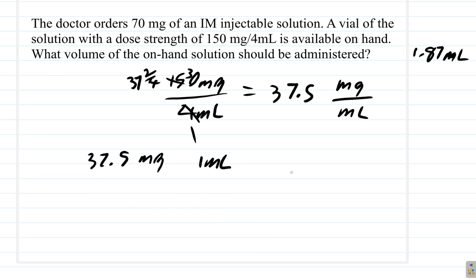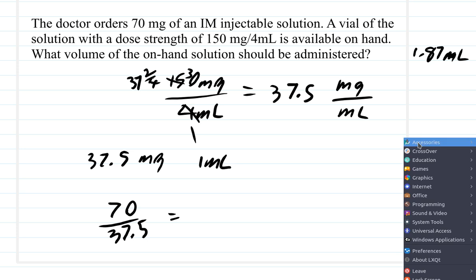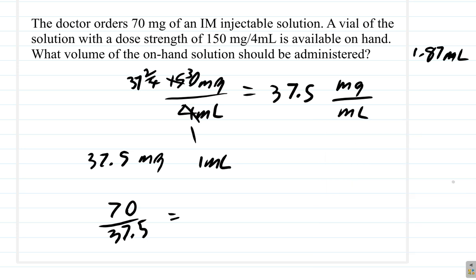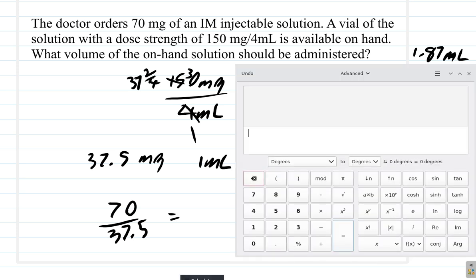Well, if you consider how much more milligrams you should give to the patient compared to how many milligrams are in 1 milliliter, it's going to be 70 divided by 37.5. So, 70 divided by 37.5, how much would that work out to be?